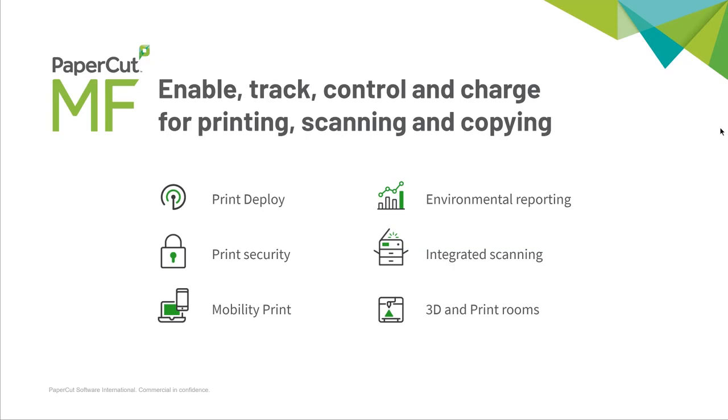You can talk about archiving. You can talk about watermarking. We have Mobility Print for BYOD and mobile. We have huge amounts of reports to get visibility into environmental impact and costs. We've got integrated scanning with OCR, scan to the cloud. And then we have solutions for 3D and print rooms as well. All of that in a single software product.